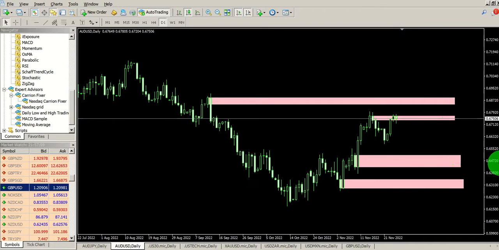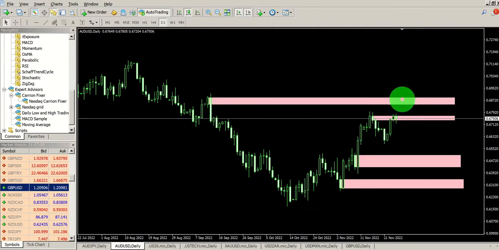So for AUD, this is what I'm looking for this coming week. So I don't want to make a prediction of, oh, it's gonna go up, it's gonna go down. I'm just gonna wait for the market to play out and take a trade if an opportunity presents itself. But at the moment, this is what I'm looking for.